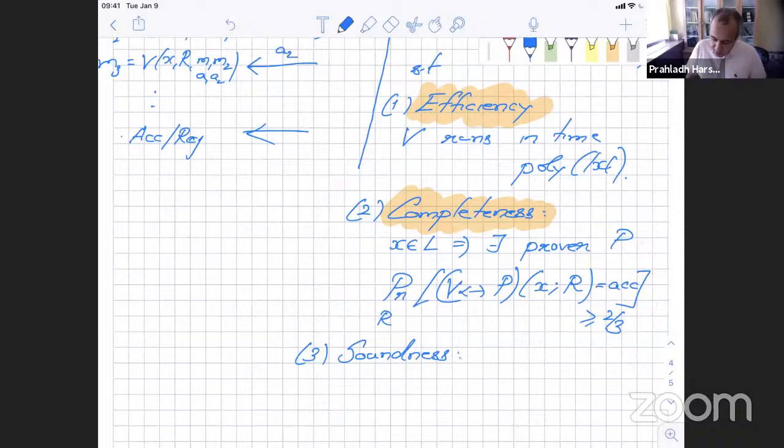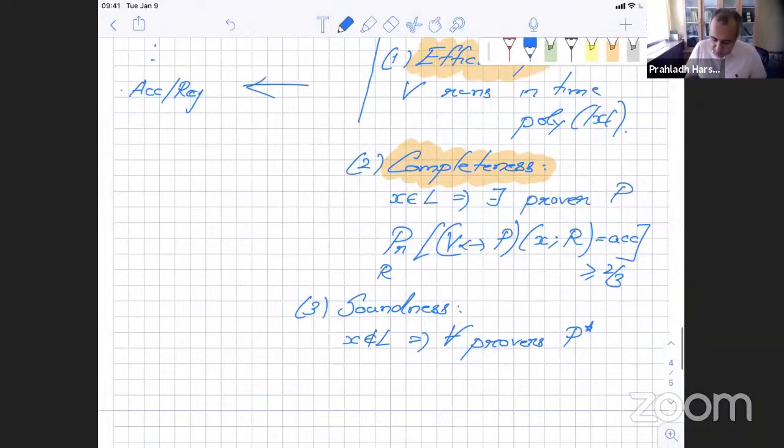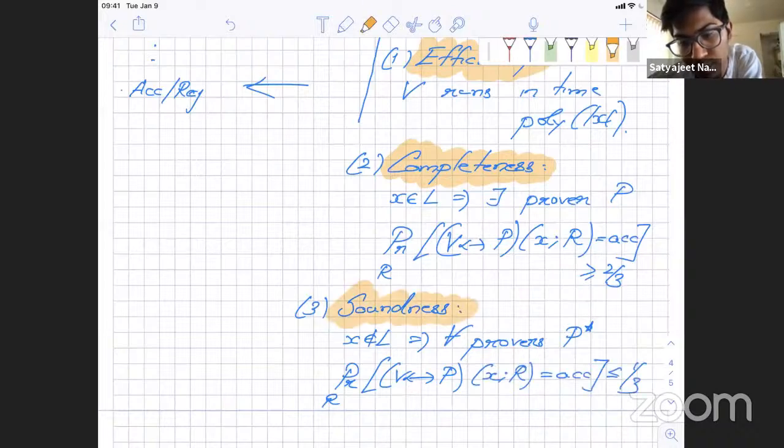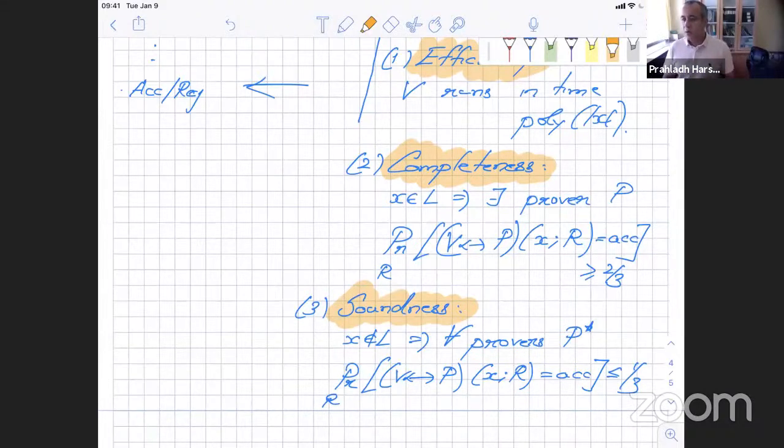If X is not in the language, then for all provers, no matter which prover you give me, no prover should be able to convince me with probability more than 1/3. So this is how I'm going to model the interactive randomized version of NP, which we call interactive proofs.